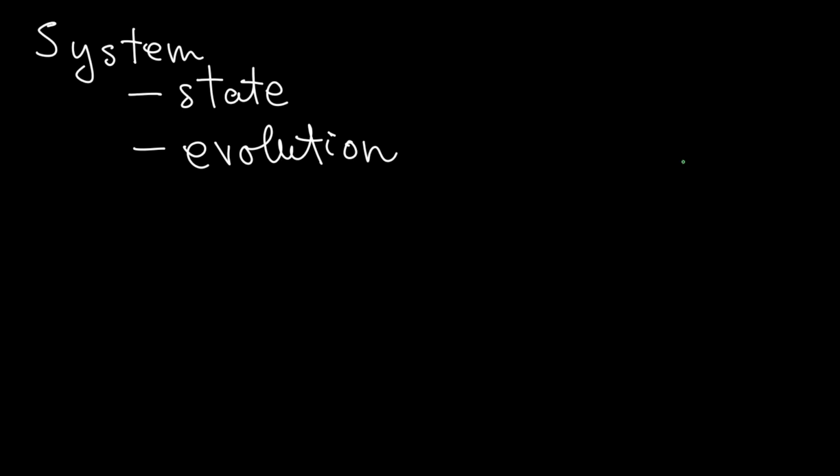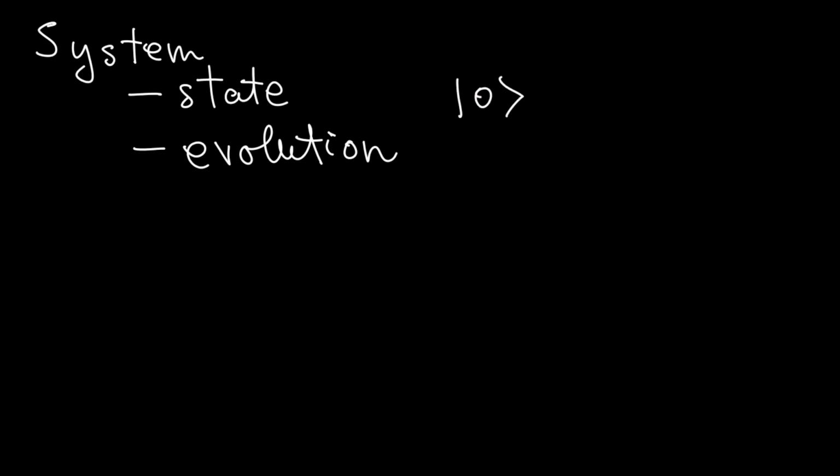So our system is a computer, and the state would be ones and zeros. Simple as that. It could be just 0, just 1, or a combination of those. So 0, 1, 1, 0, for example, or 1, 1, etc. For this kind of computation, we're going to use this notation.